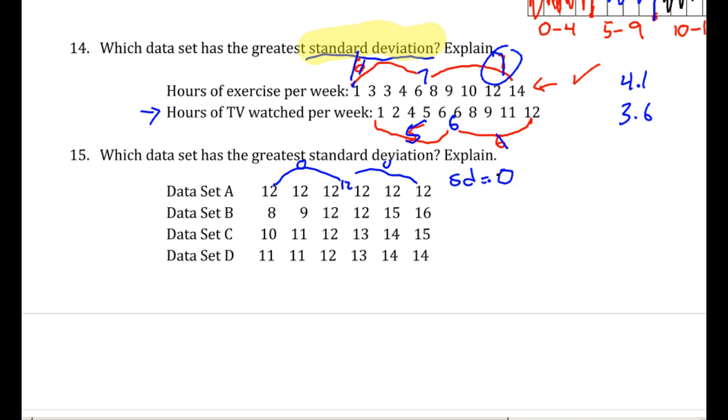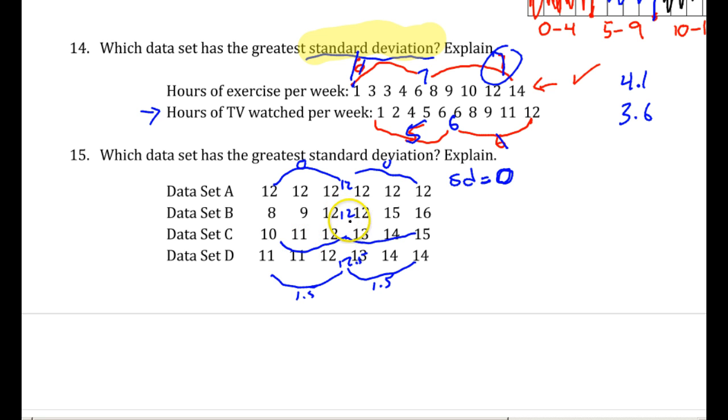There is no deviation from the middle. Everything is exactly the same. From here, I think about 12 and a half is the middle. How far is it from here to here? And you just keep going through this. That's like 1.5. That's 1.5 from the middle. That's a little more. That's a little more.